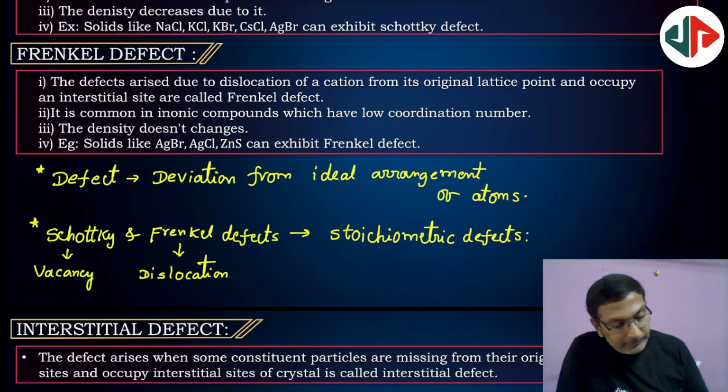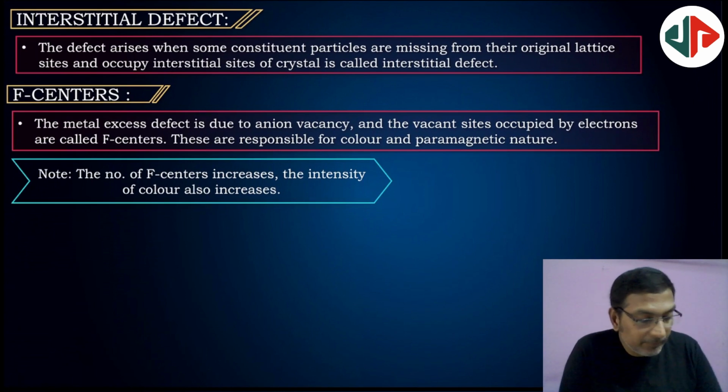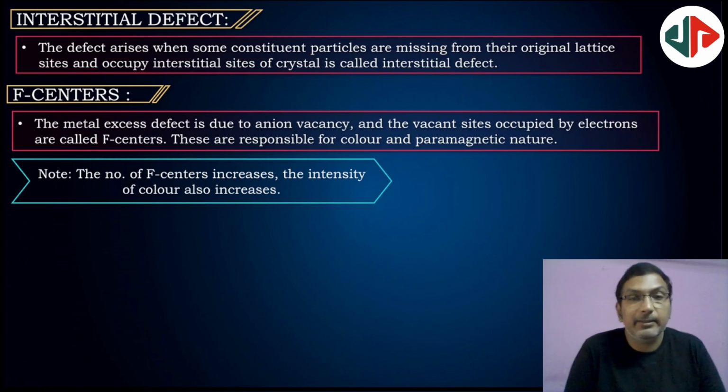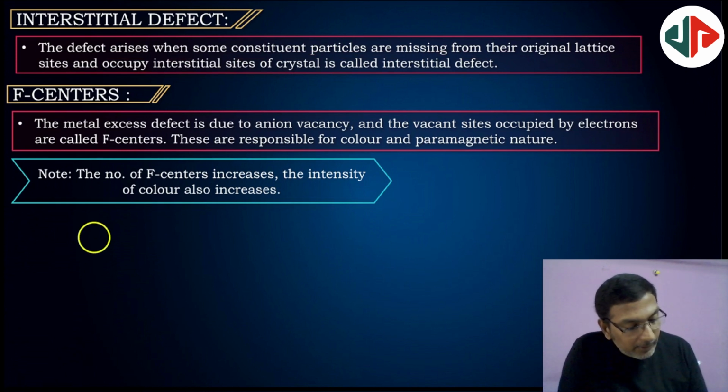Next, interstitial defect. This defect arises when some constituent particles are missing from their original lattice positions and occupy interstitial sites of the crystal. Interstitial positions mean gaps between metal atoms or gaps between ions.